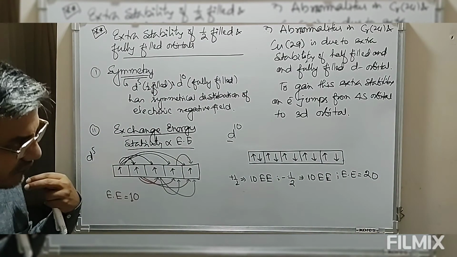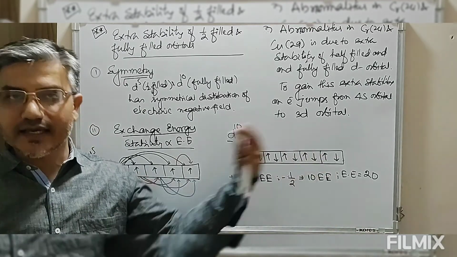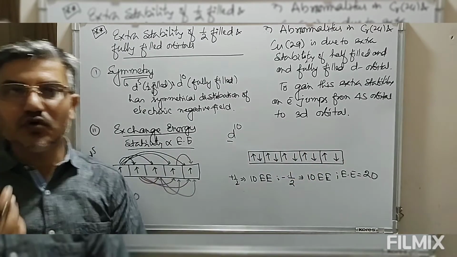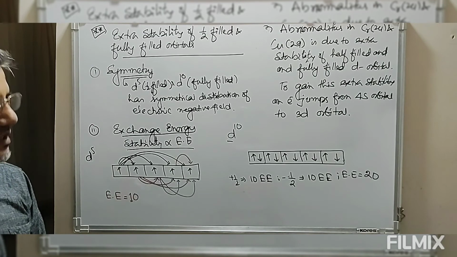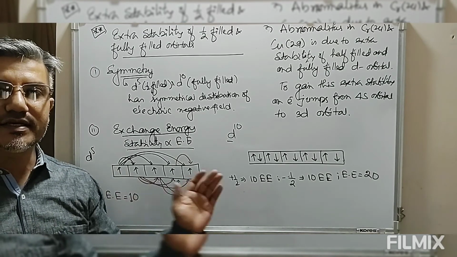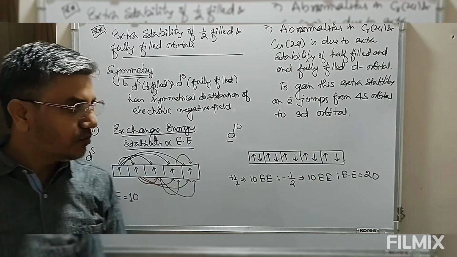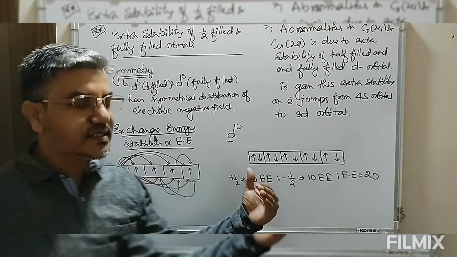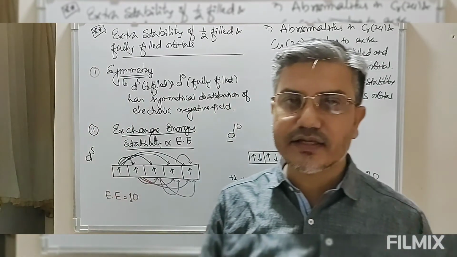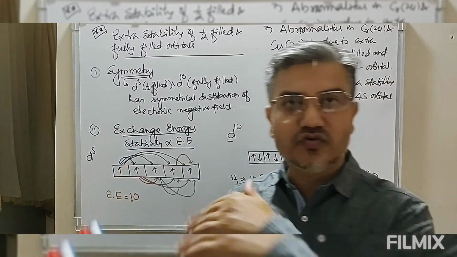So as the number of exchange energy terms increases, the stability of the configuration also increases. This is the reason why we have abnormality in the case of chromium and copper. To gain this, we transfer an electron from the 4s orbital to the 3d.